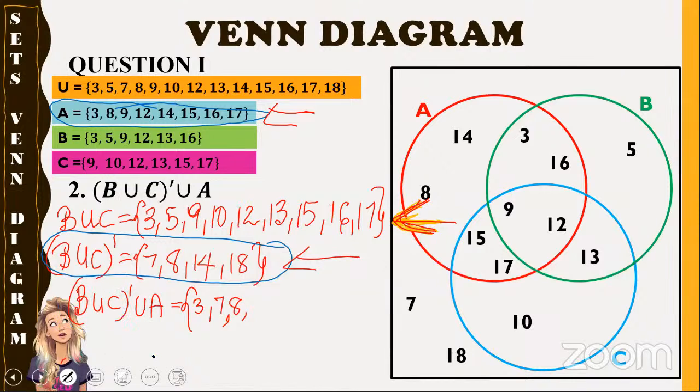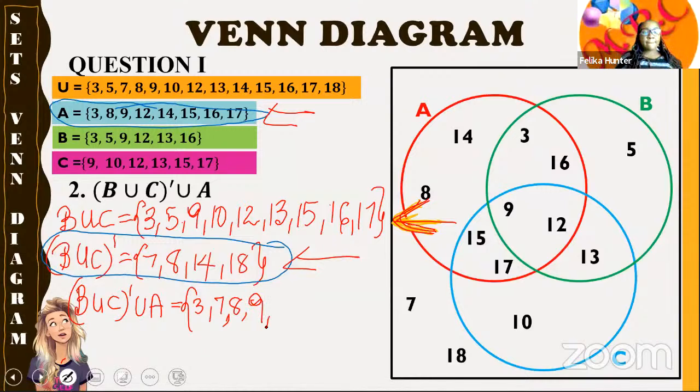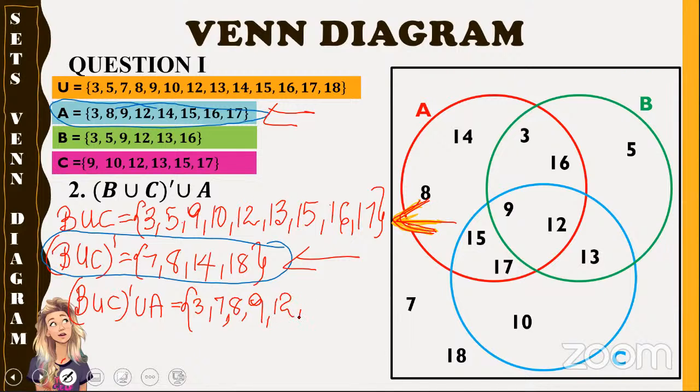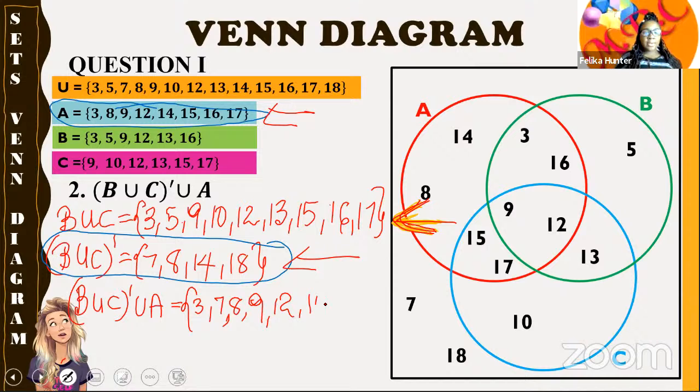So it's a bit 3, 7, 8, 9, then 12, 14. All right.